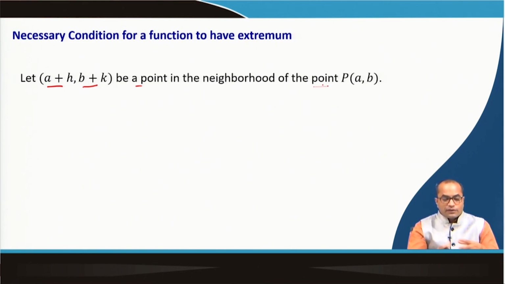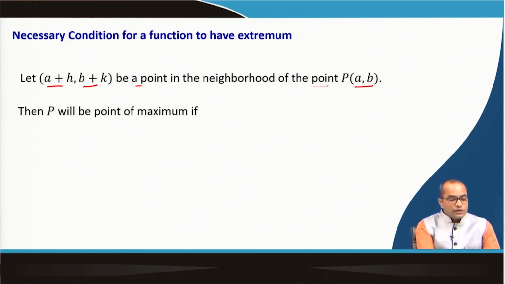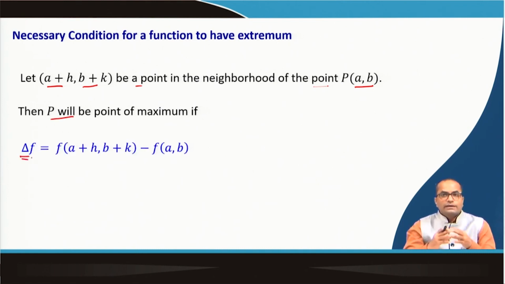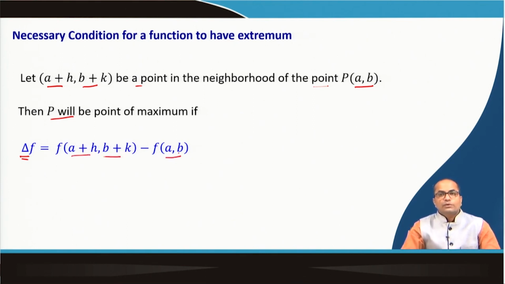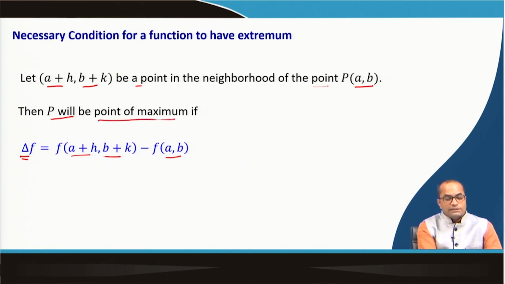We are finding these conditions for local extremum at this point p(a, b). The point p will be a point of maximum when delta f, the increment in f, that is the function value at the neighborhood point minus the function value at (a, b), is such that p attains higher values than the values in the neighborhood.